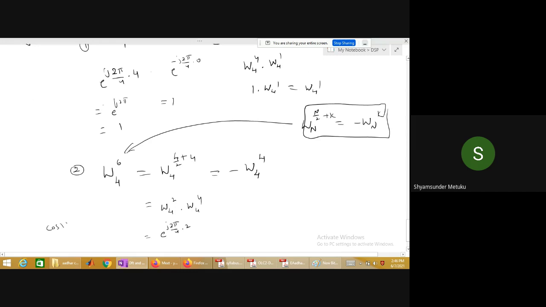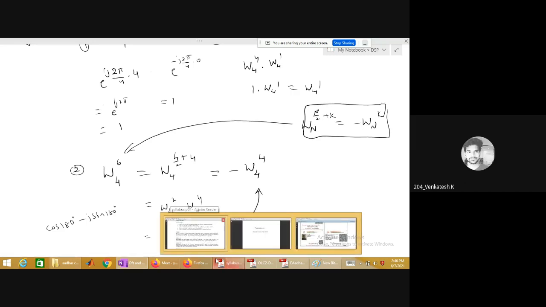Cos 180 degree minus j sin 180 degree. What do you get? Minus 1. It will be minus 1. So can I write minus 1 into W4 to the power of 4? Yes, sir. So is it not the same? Both are the same.